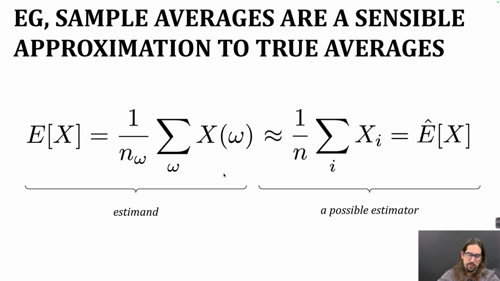So here, this is the example that I gave you. Sample averages are a sensible approximation to true or population averages. You can see that here on the left-hand side, I have the expected value of x. Let's say that's what I care about. That's my estimand. That's defined as the value that x takes for each person in the population averaged over however many people are in the population.